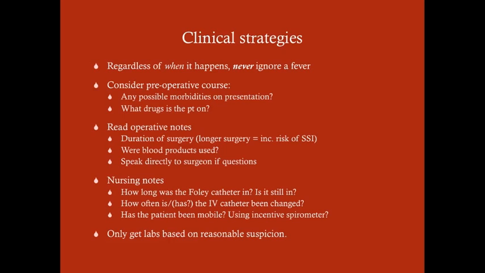And only get labs based on reasonable suspicion. Obviously, we're all guilty of shooting off labs indiscriminately, but you should try to minimize the number of labs you get and just do them based on a reasonable suspicion rather than just shooting out 6 or 8 labs at a time.